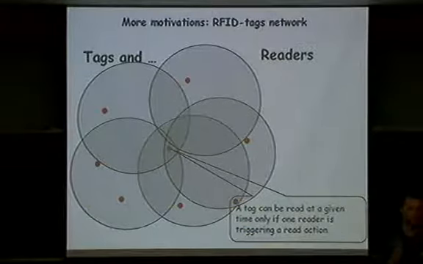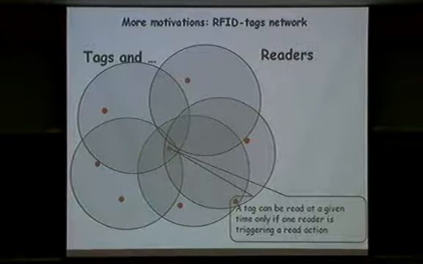By scheduling, each reader must be assigned some time slot, and it means that it does not do anything until that time slot. And at that time slot, it initiates the read action. We want the property that any point will be read eventually. So we want the property that for any point there is some time slot such that exactly one reader is trying to initiate a reading action at that time slot, and this reader covers that point.